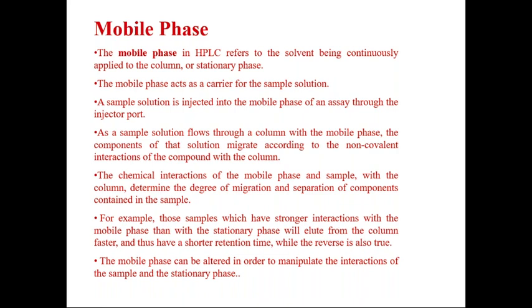These two are the major criteria. That is, it should not interact, it should be inert to the stationary phase, and the analytes should be soluble in the mobile phase. And we know, if the analyte is attracted to the mobile phase, it moves faster, and if it is not attracted, it will move much slower.